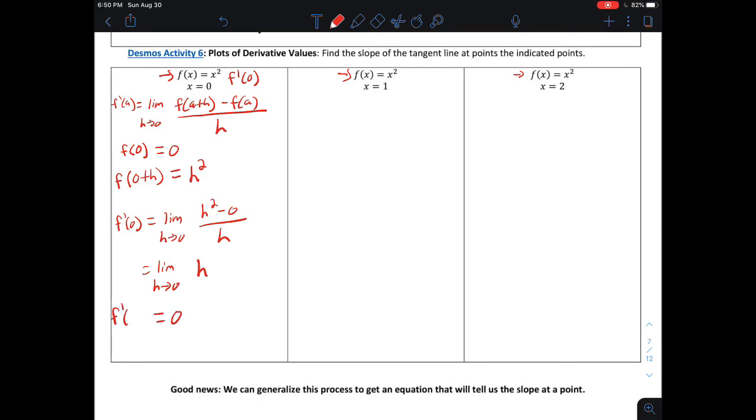So the value of the slope of the tangent line at 0 for this curve is 0 itself, which, if I think about it, means I have a horizontal tangent line at x equals 0.